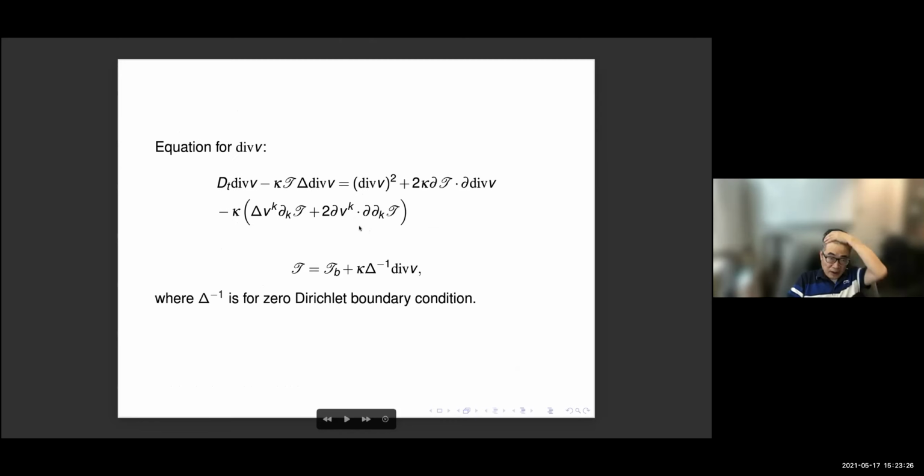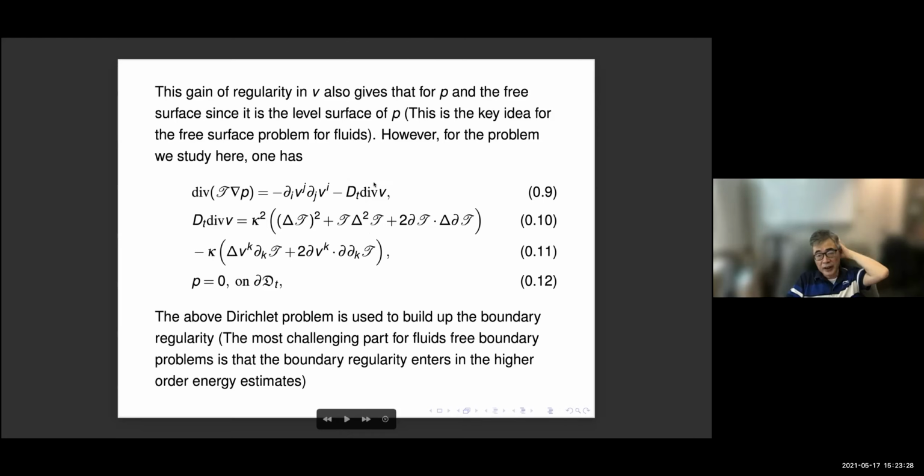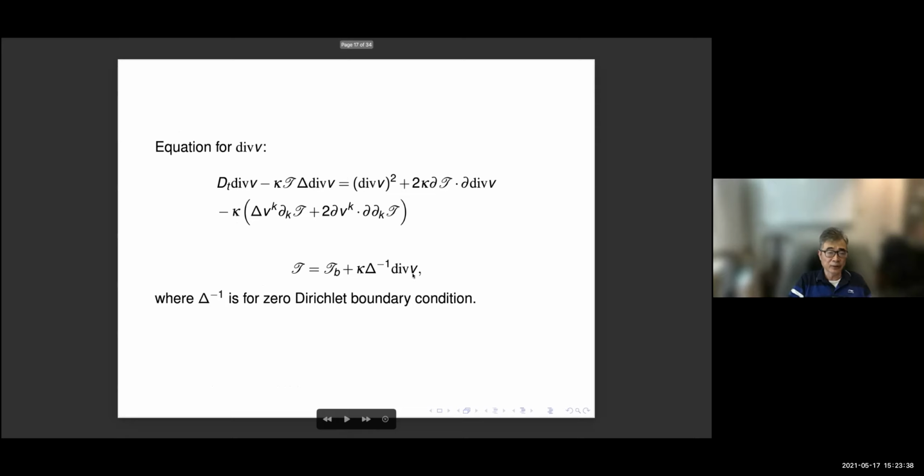Actually, because here we have D_t divergence v, it's crucial to understand the divergence of v in this problem. The divergence satisfies this parabolic equation, but on the right hand side there are nonlinearities.